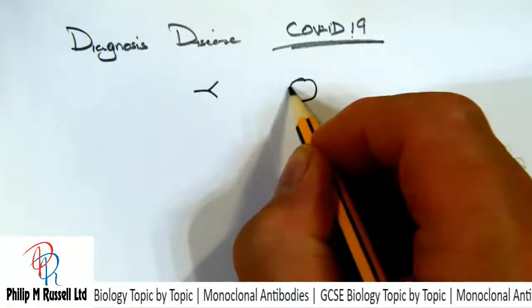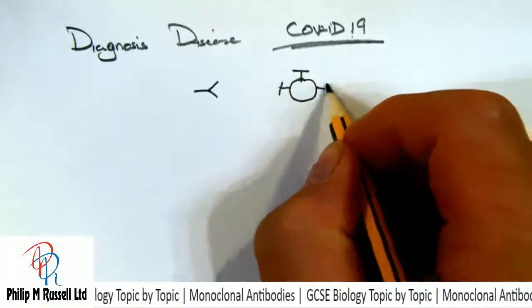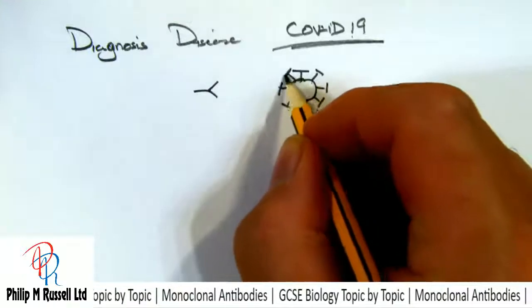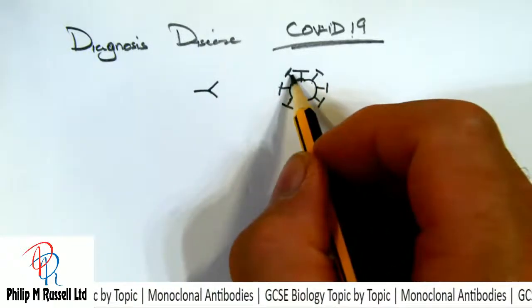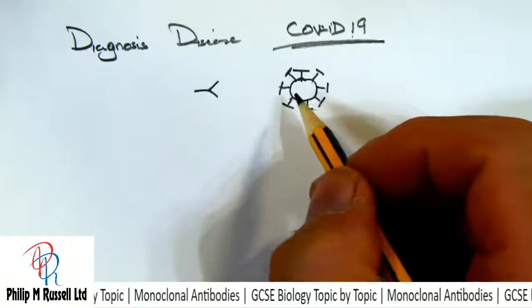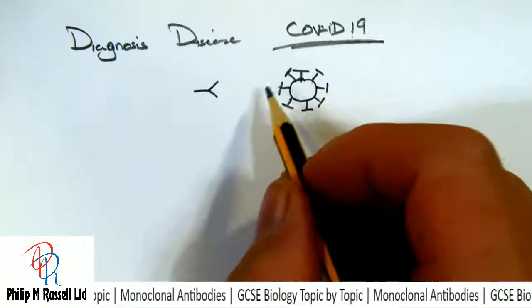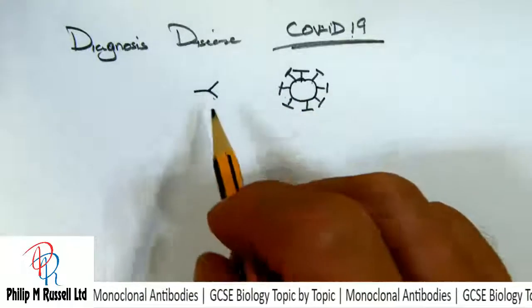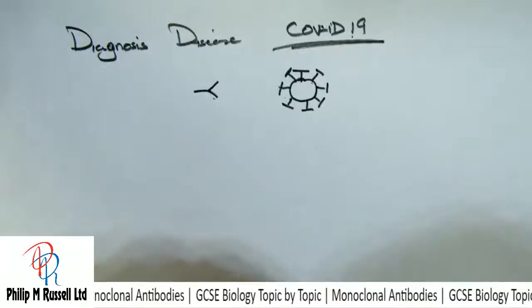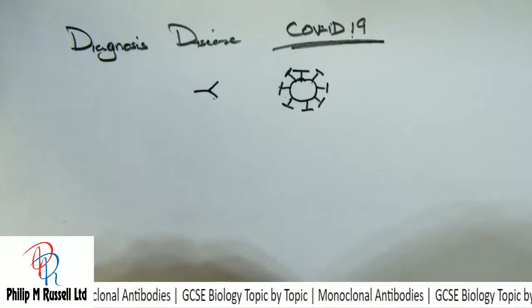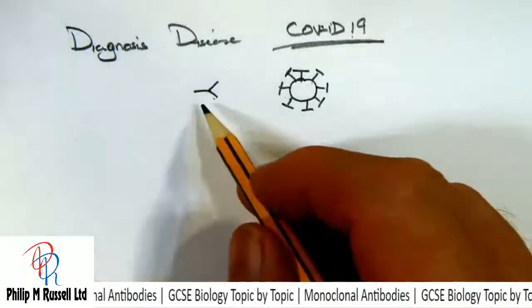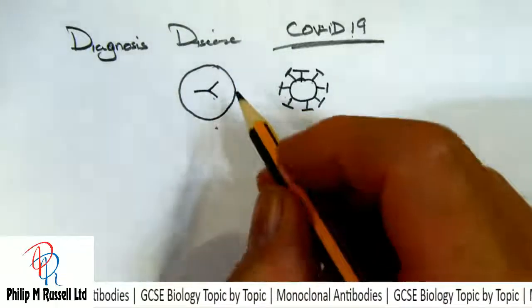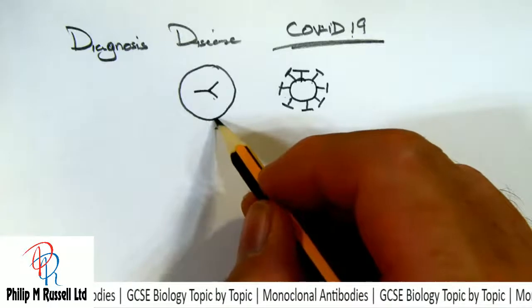So I've got my virus, it's got various chemicals on the outside, and we can make one of these bind to this. This is not as simple as it sounds, but the human body will produce these things. So we may have these monoclonal antibodies. Now, what we would need to do is to ramp up the production of these, so once we've got one we can make a whole load of these.